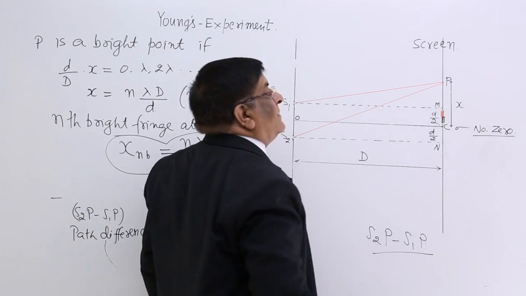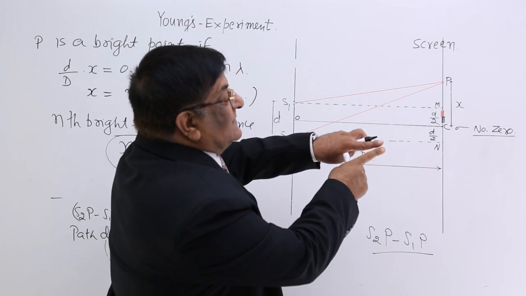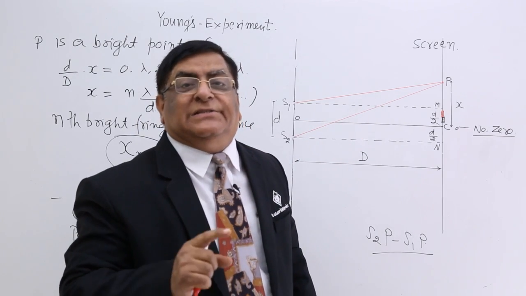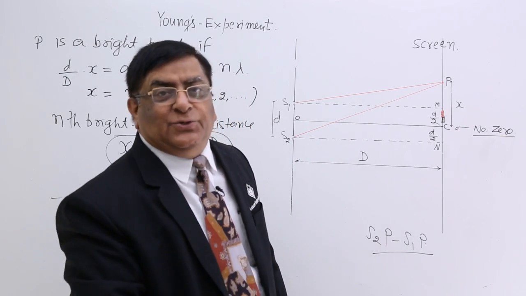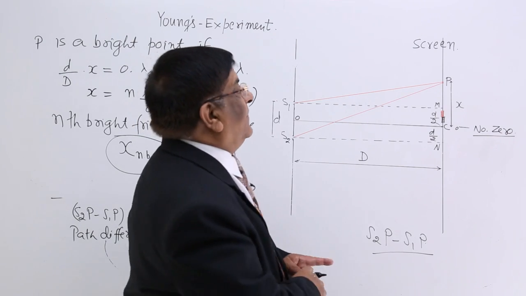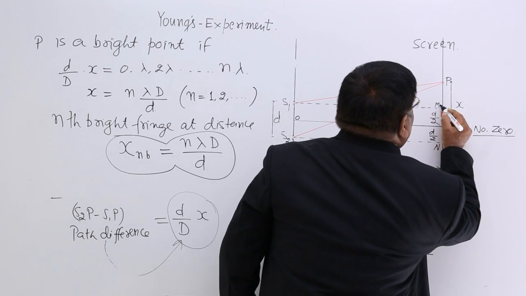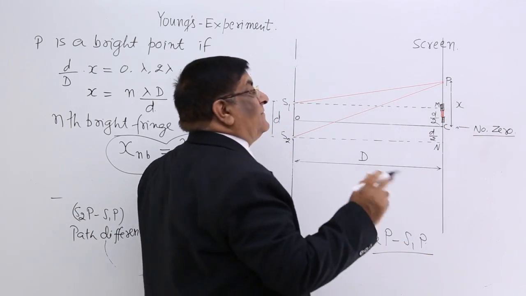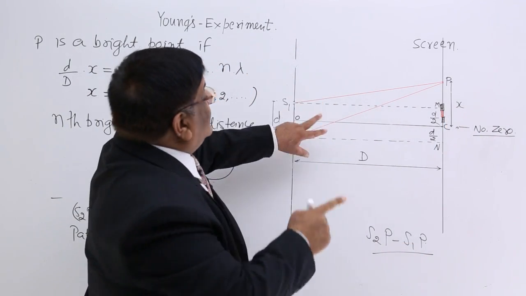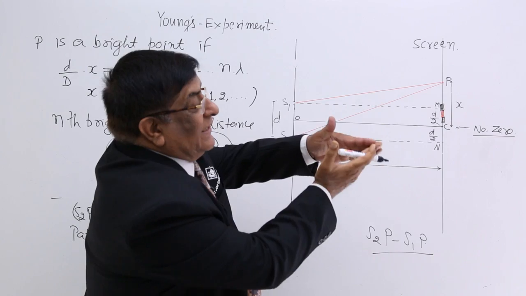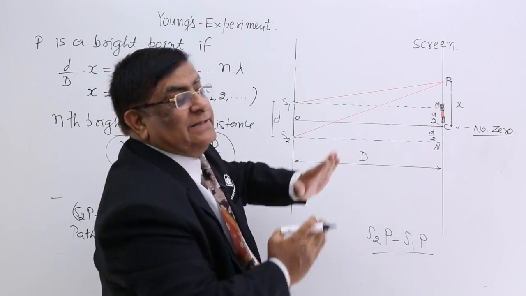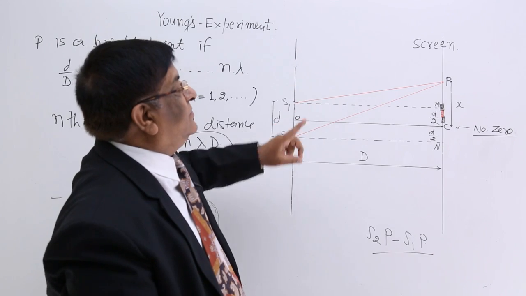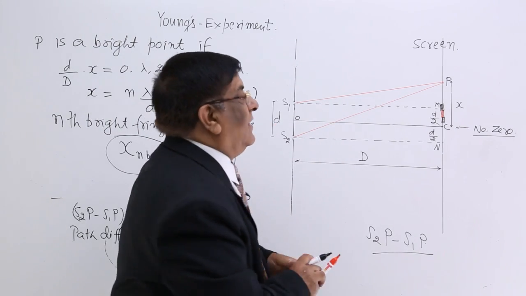Move further, the difference has increased to 3 by 2 lambda, which is an odd multiple of lambda by 2. Then the fringe will be again a dark one. After that, move further, the difference goes on increasing, and then the difference will be, say, 2 lambda and it will be a bright fringe.